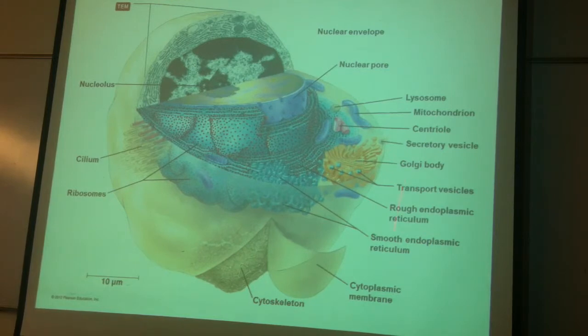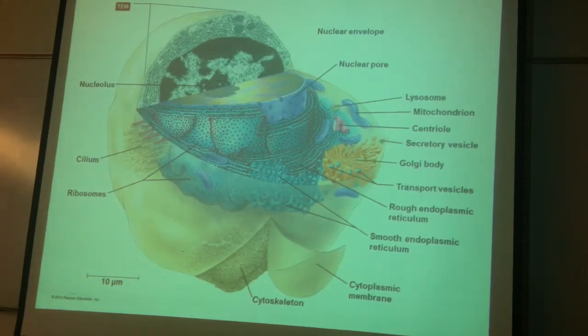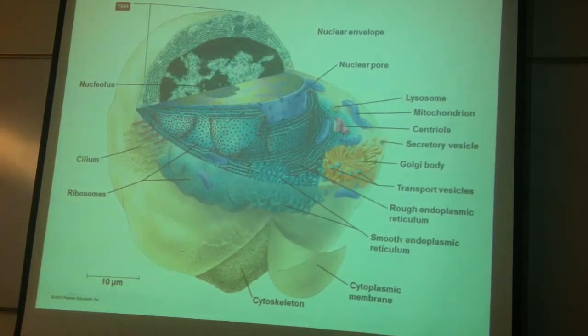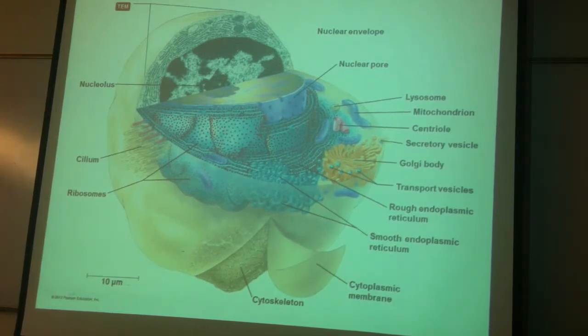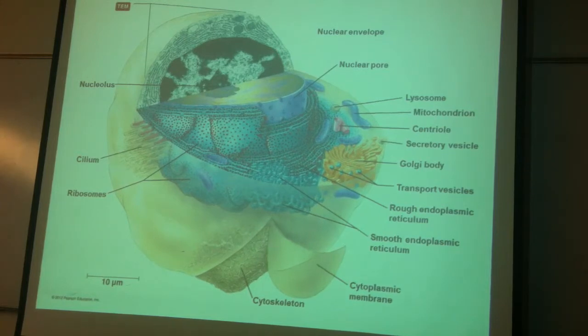What else? There's mitochondria. What are mitochondria? ATP. Where they make it. Mitochondria is known as the powerhouse of the cell. It's where we make the ATP, where you make most of your energy. They're double membrane. There are two organelles in eukaryotes, or three, sorry, but the two major ones that are double membrane. They're special.